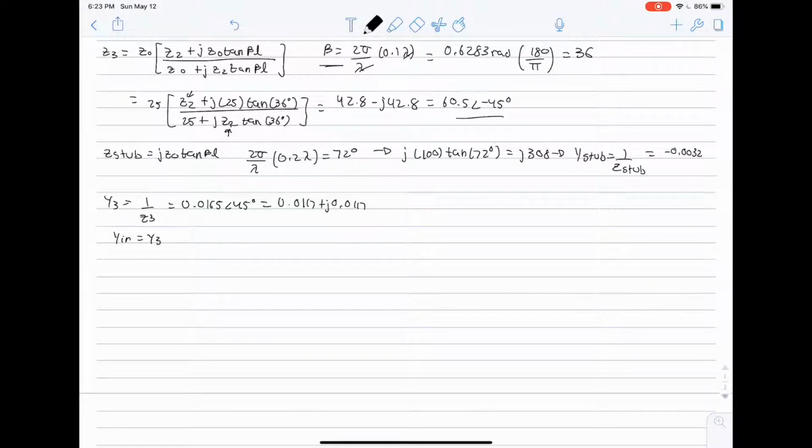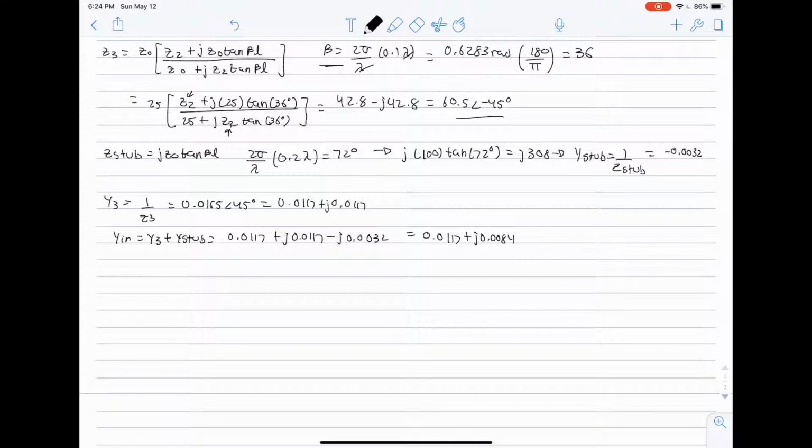So Y3 plus Y stub equals 0.0117 plus j0.0117 minus j0.0032, which gives us 0.0117 plus j0.0084.